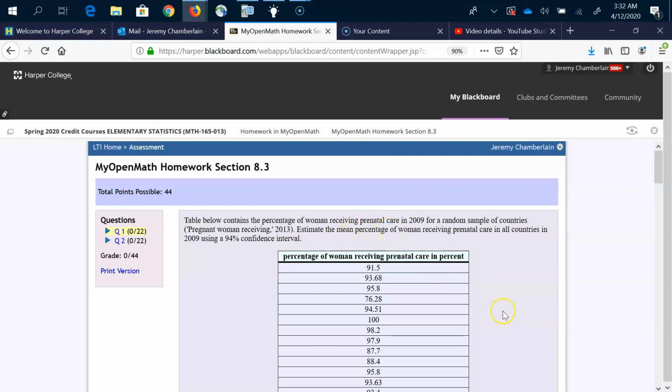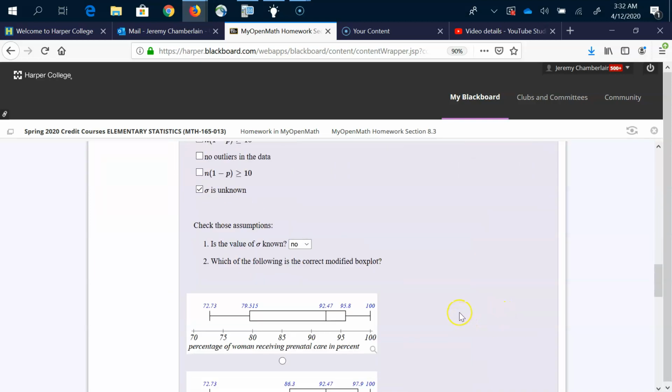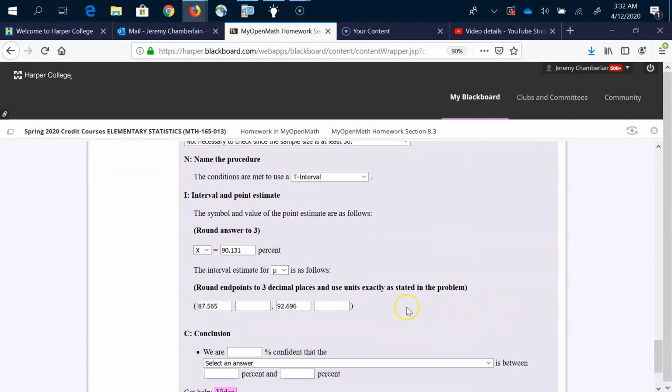The mean percentage is between 87.565% to 92.696%. Just give me examples of words to enter here, and we have percent.